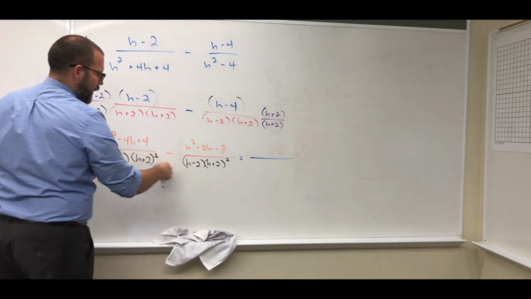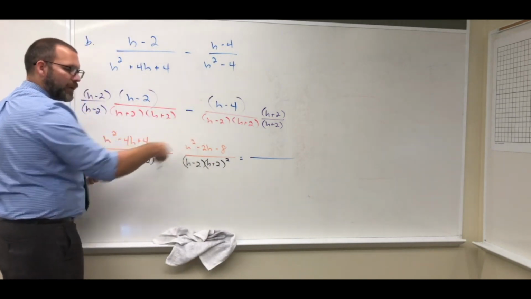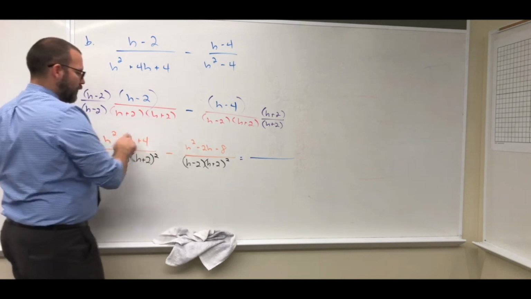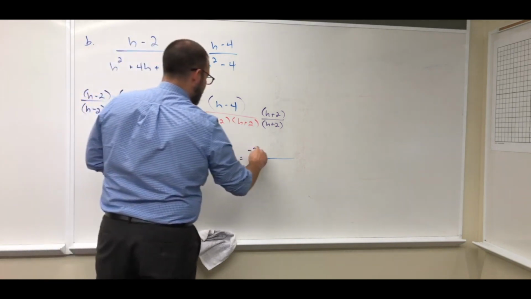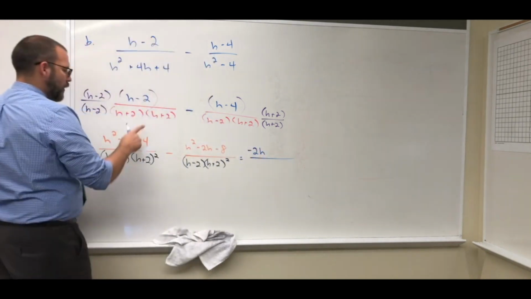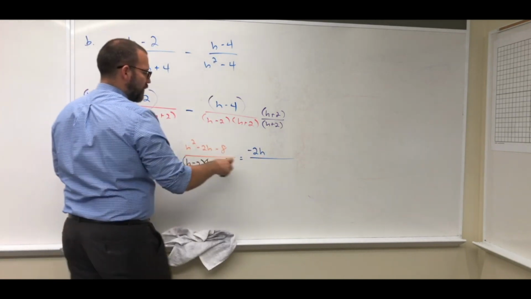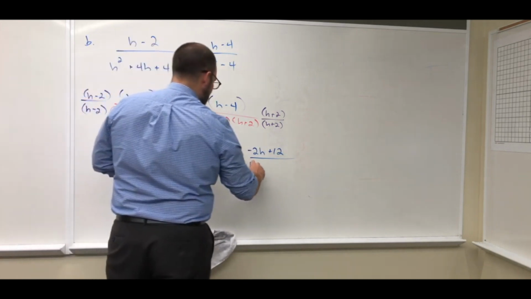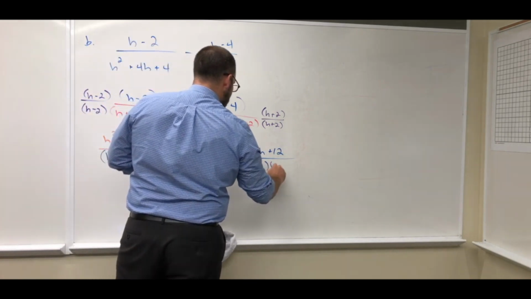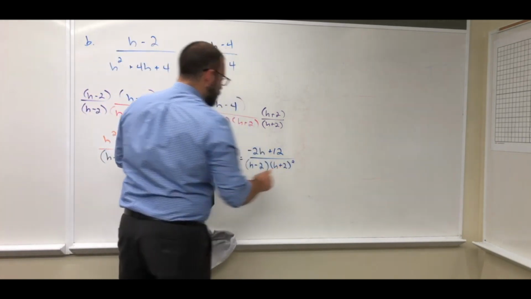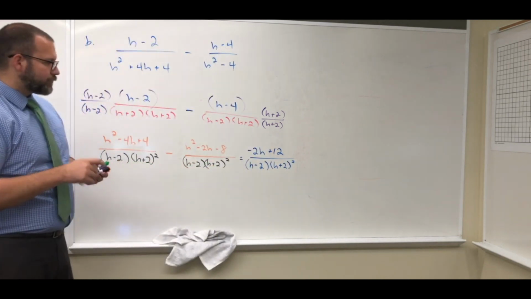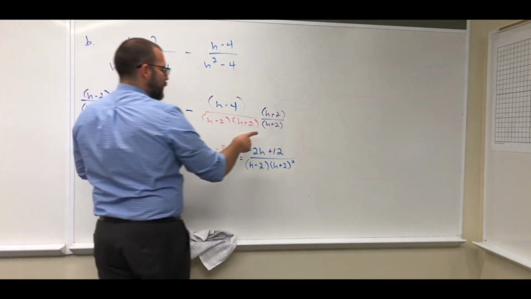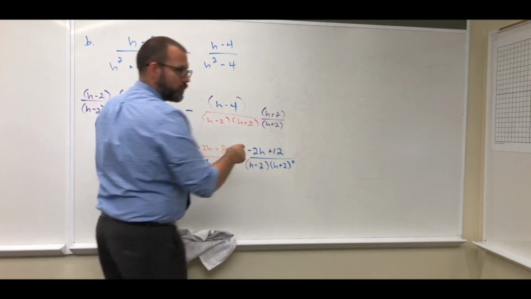Negative 4h minus negative 2h, minus a negative, remember we're really adding. Negative 4 plus 2 ends up being negative 2h. 4 minus negative 8 is plus 12. And of course my common denominator, nothing is changing there. H minus 2 times h plus 2 squared. Negative 2h plus 12.